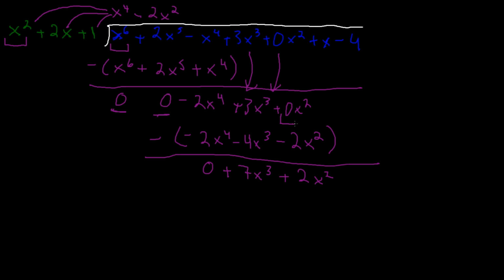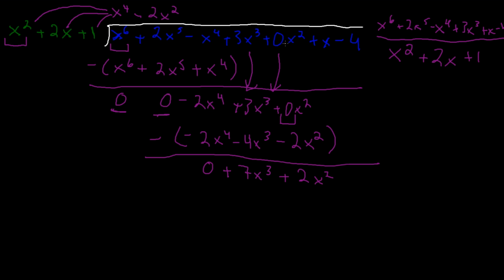Now you'll notice that I have this 0 placeholder here, and the reason for that is that the top part of the polynomial that we're dividing into had no x squared term. So basically this problem would be written out like this: x to the 6th plus 2x to the 5th minus x to the 4th plus 3x to the 3rd plus x minus 4, and then divide that all by x squared plus 2x plus 1.